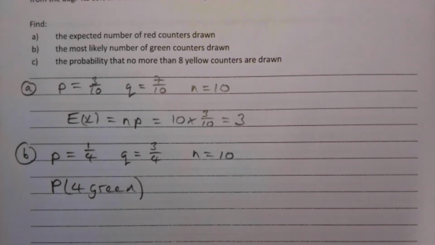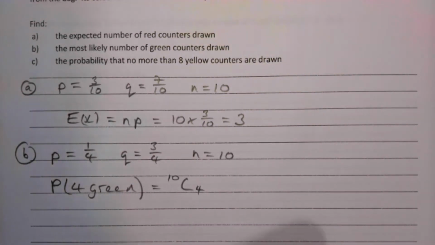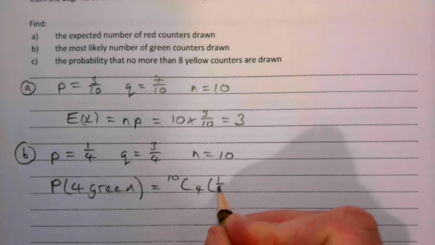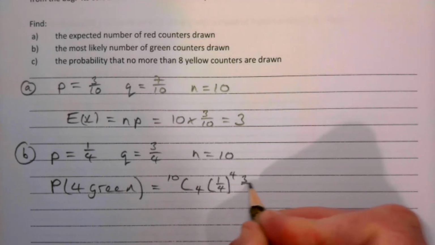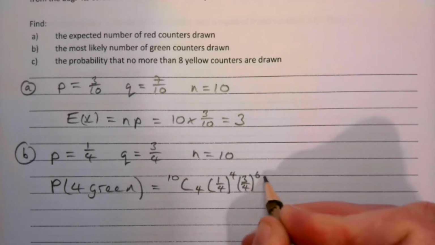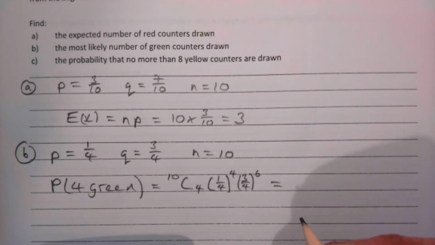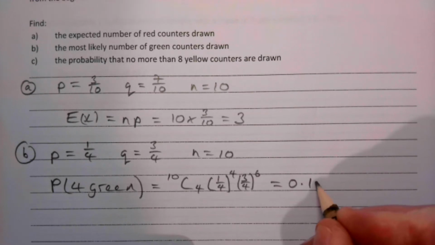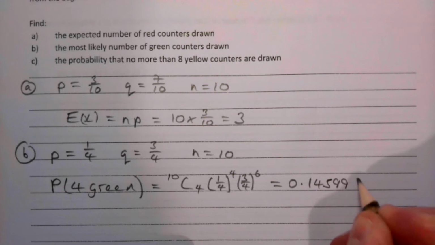So that would of course then be 10C4, a quarter to the power of 4, 3/4 to the power of 6. And if you put that into your calculator, you're going to get, as far as I can see, 0.145998.